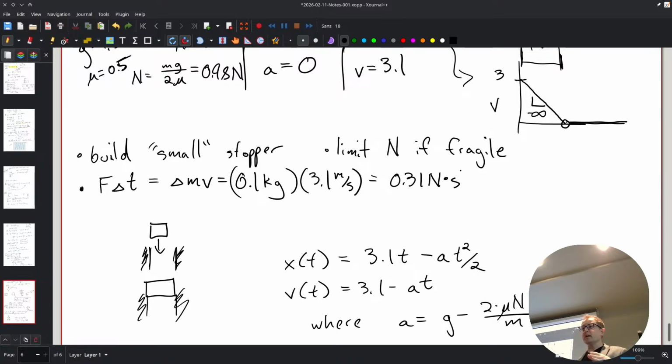So total impulse, and I'm writing it down as a reminder, and to see how this thing works. We're doing 3 meters per second. We come into our system. That system applies a force for a given amount of time, and that total impulse has to be 1/3 of a Newton second.